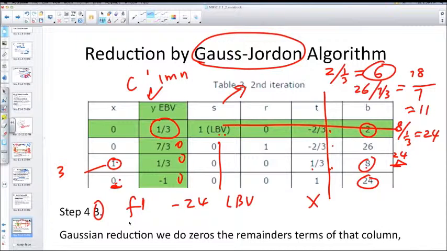Also use the Gauss-Jordan algorithm. I will add 3 times of the first row to the third row, to the fourth row. Then this will be 0, and that will be 3, that's 0, and that's negative 2 is negative 1, and the 2 times 3 is 6, add the 24 is 30.